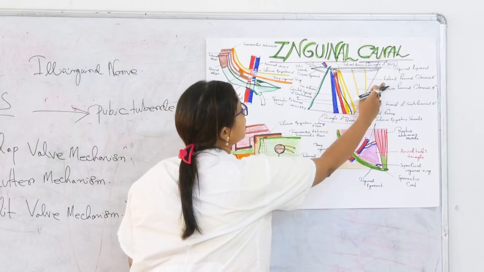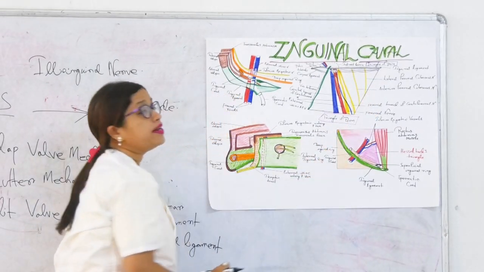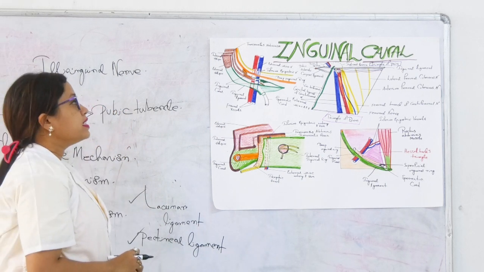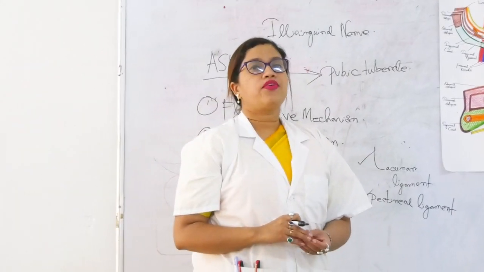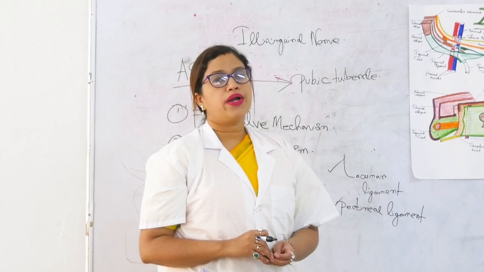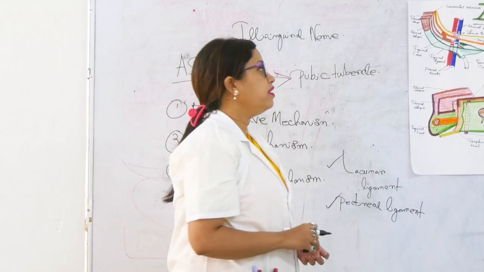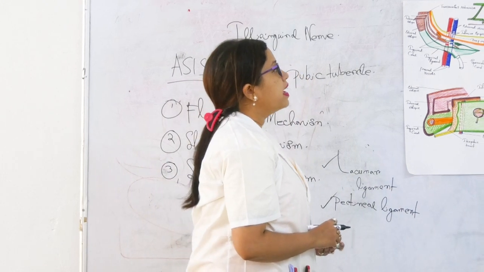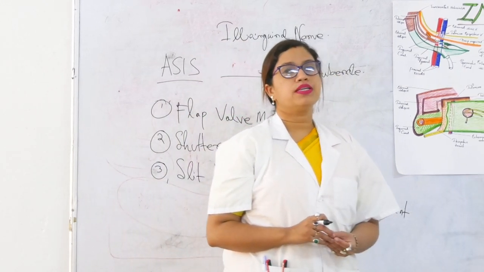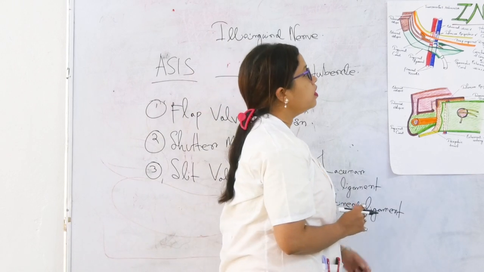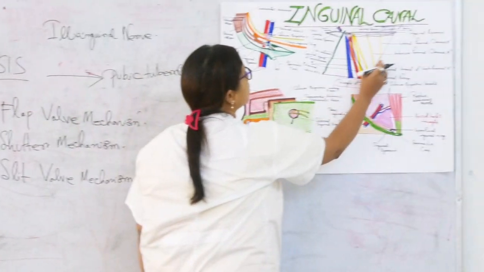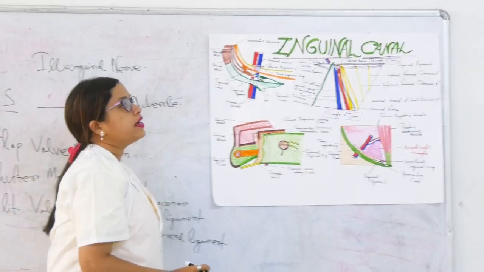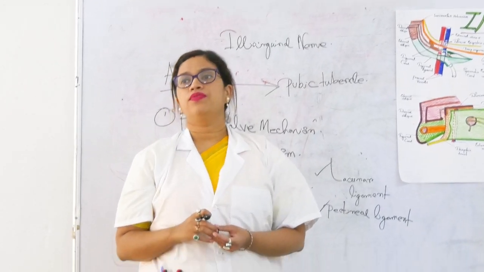So what are the nerves? Write it down. This is the content of the triangle of pain. What are the contents of the triangle of pain? Number one is lateral femoral cutaneous nerve. Then anterior femoral cutaneous nerve.